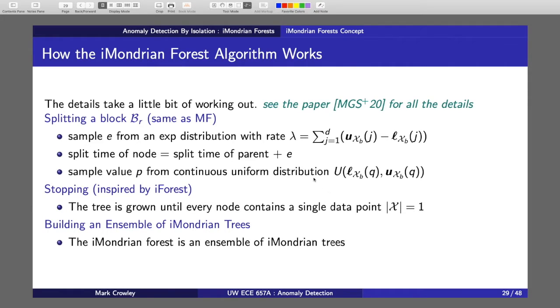So this is the main thing that the normal Mondrian Forest already had: when you decide to split a block, you have to decide that there's enough data to do it, right? So what it does at every point when it's deciding, it samples. Remember in the original, for some reason we switched this one to lambda, but in the original paper from last time it was tau. It's kind of like this time, right?